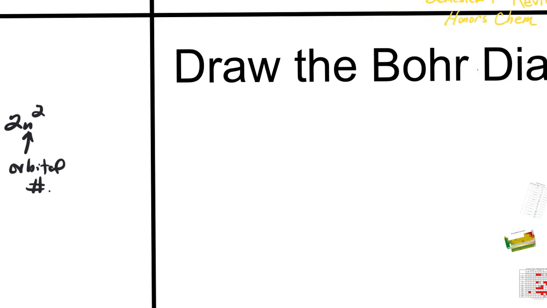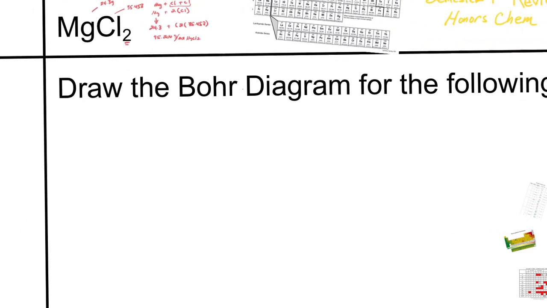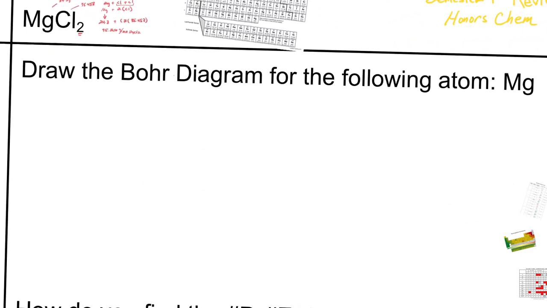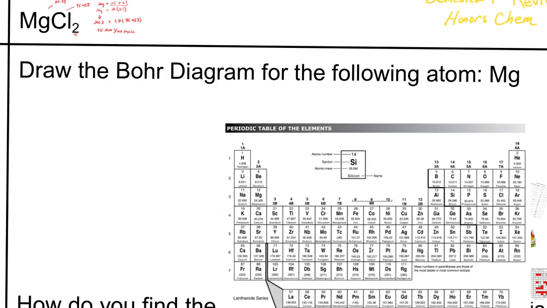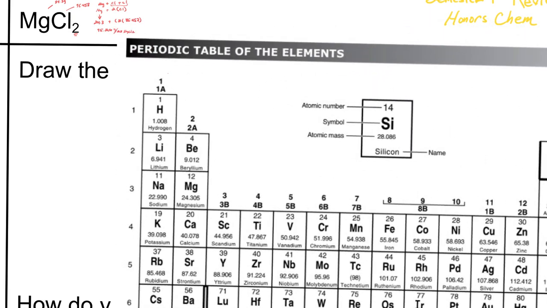So let's go over here to the problem. Here we've got one problem that we're going to look at. We're going to be drawing the Bohr diagram for the atom of magnesium. We had already looked at magnesium before, so let's bring the periodic table back over here. Magnesium happens to be in the 3rd orbital, and it's got an atomic number of 12 and a mass number of 24.